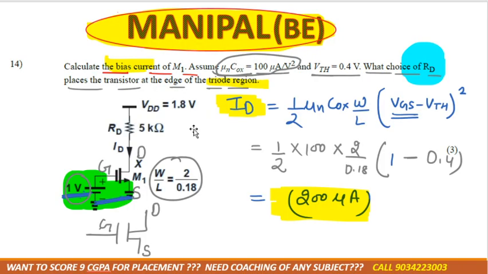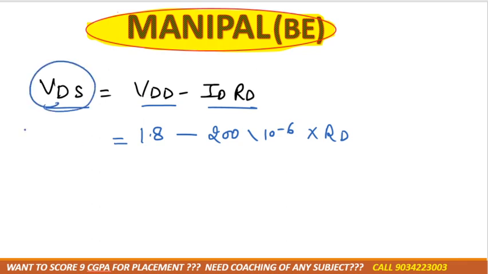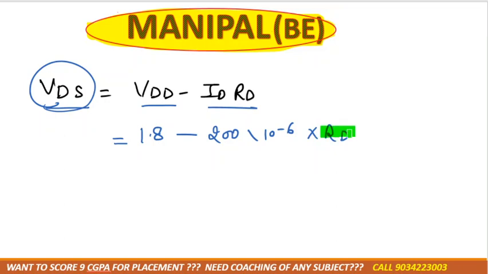Let's see in the question. VDD is given as 1.8 volt. 1.8 minus ID, we have just calculated 200 microampere, means 200 into 10 raised to power minus 6. RD value we don't know, right? Now we need to calculate VDS, correct? Then only we'll be able to get RD.